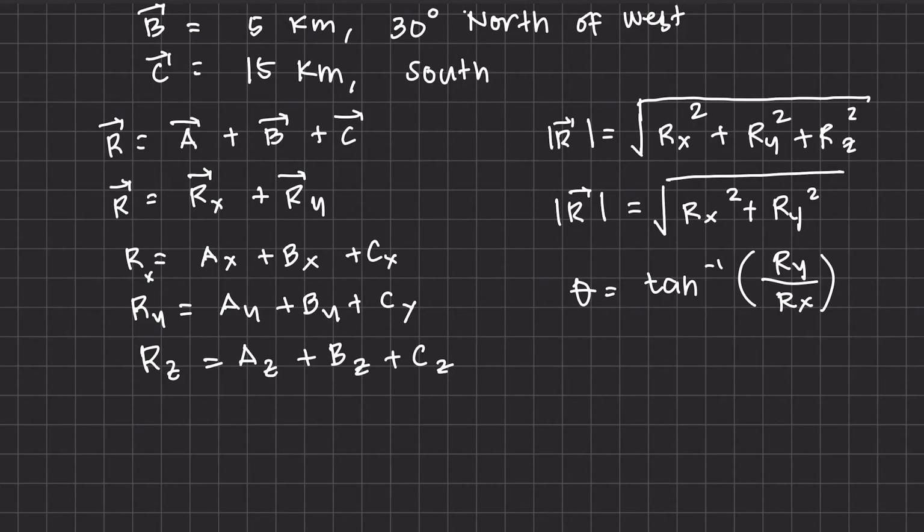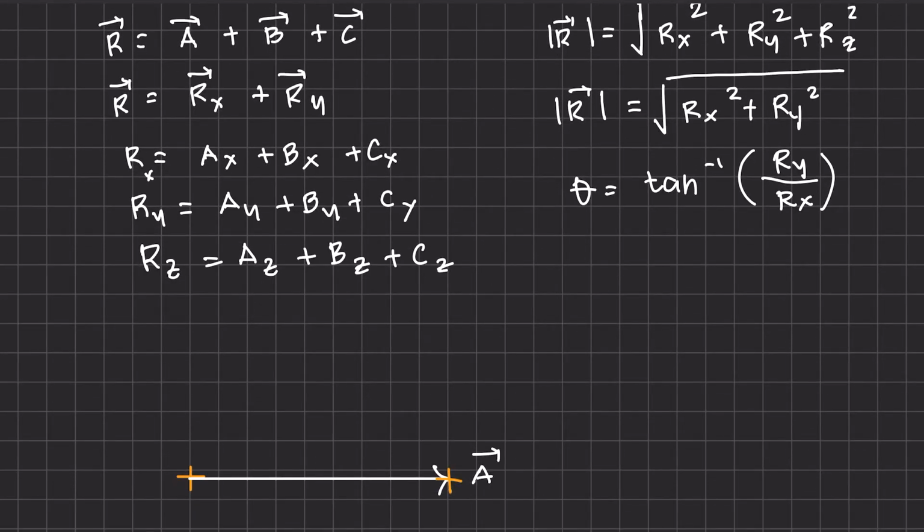So we have 5 kilometers, kinda half of vector A. Let that be vector B.